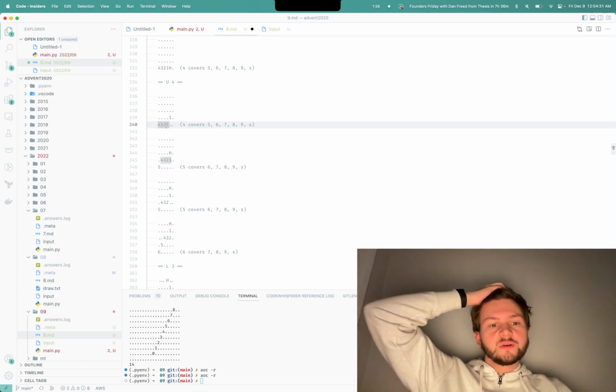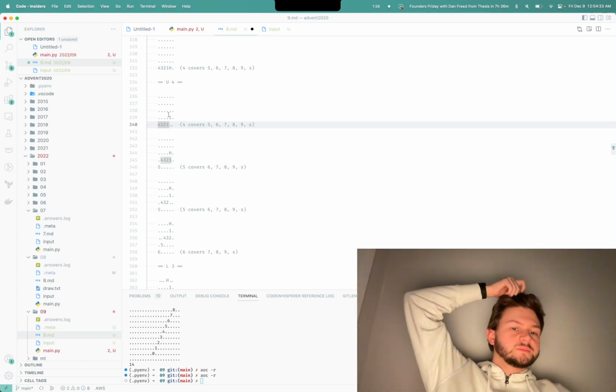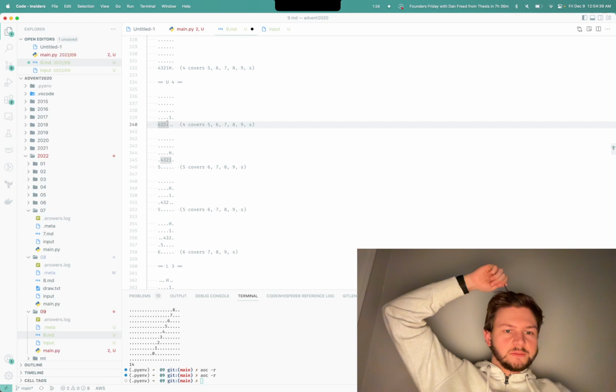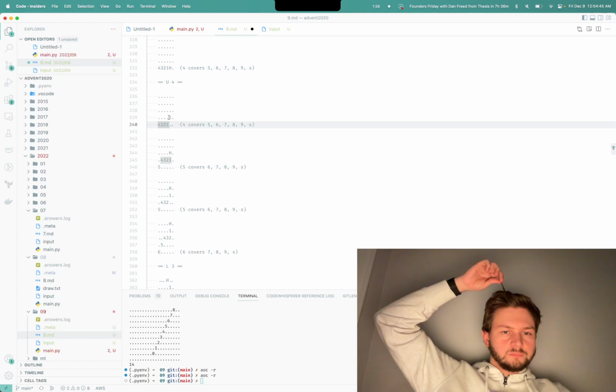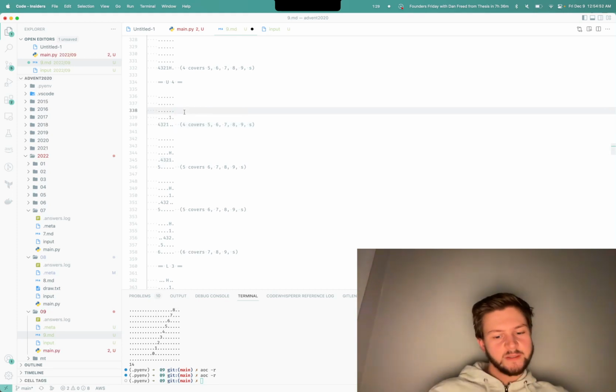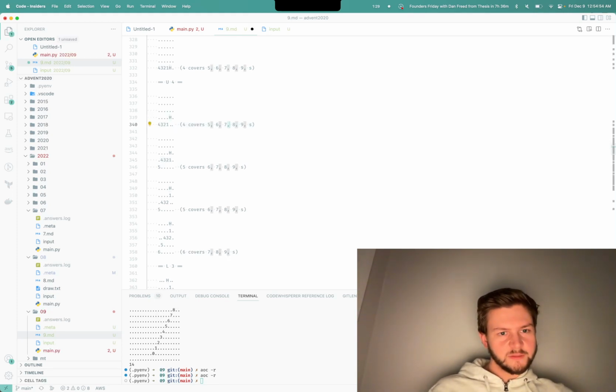Why would it mean that the two goes up? I don't know. I really don't know. In my opinion, this is bullshit. I don't even know how to code this. Like, this movement is complete madness.